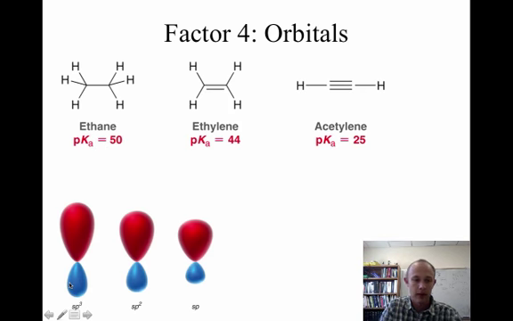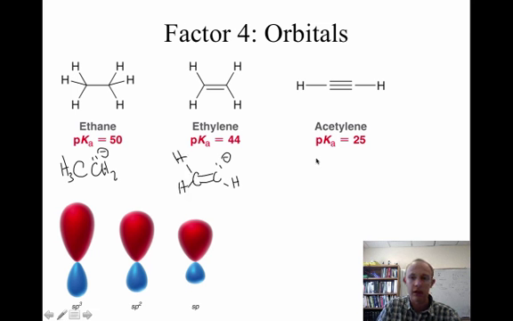Let's say, in this particular case, notice that for ethane, you can have a negative charge on carbon, no resonance, no induction. For ethylene, you're going to have a negative charge on carbon, no resonance, no induction. For acetylene, you can have a negative charge on carbon, no resonance, no induction.